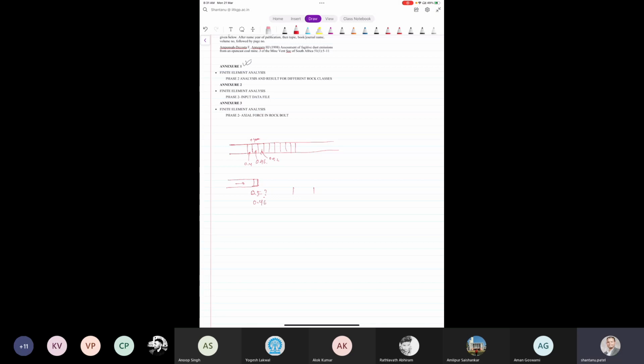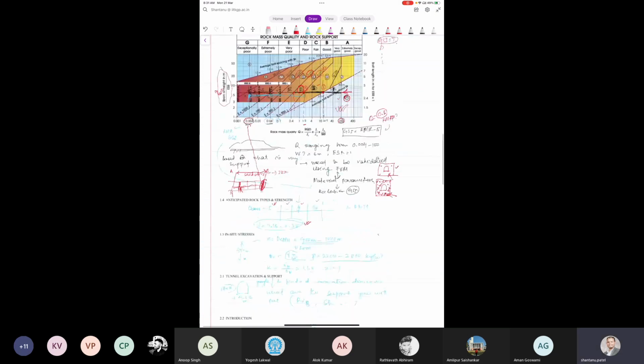Then you come to this chart, and 0.46 is somewhere here. 0.4 is here and 0.1 is here. 0.5 is here, so 0.46 is here, somewhere there. So it is in class 4.